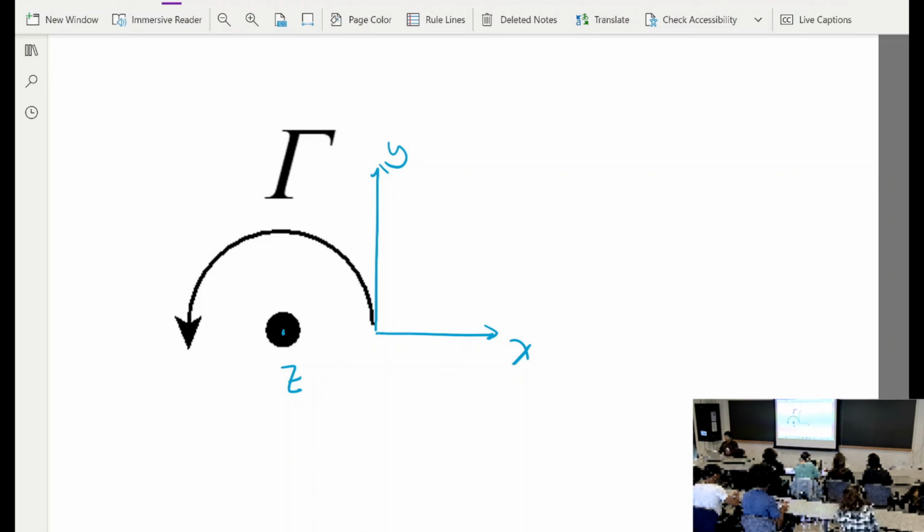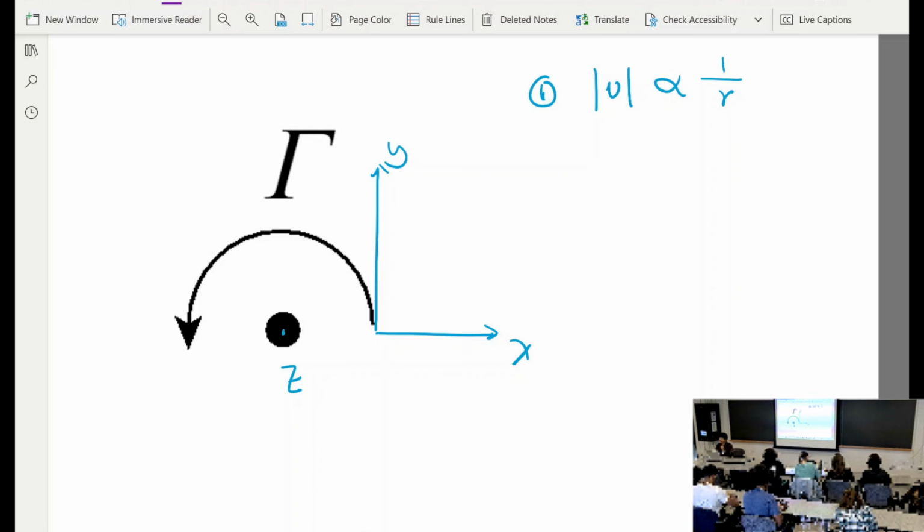So the flow induced by the vortex is the following. Let's say the magnitude of the velocity is inversely proportional to the distance to the vortex.